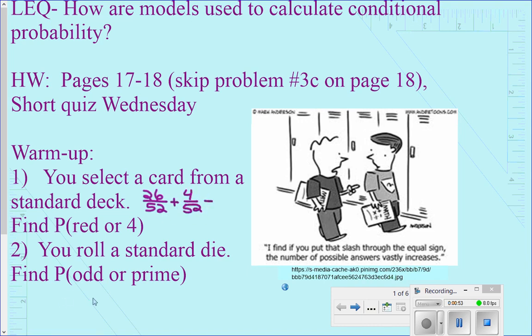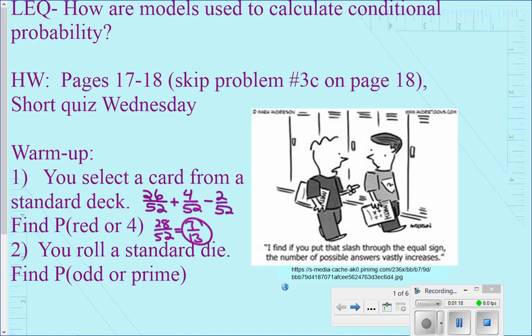But then 2 of those 4s are red 4s, so I already counted them in the red count. So I'm going to subtract the 2 red 4s. So that makes 30 minus 2 is 28 out of 52, which simplifies to 7/13.